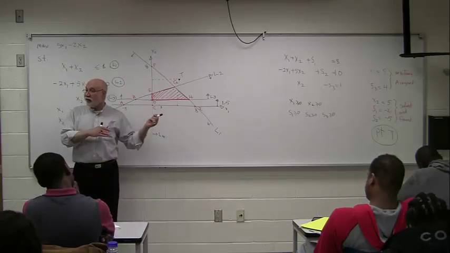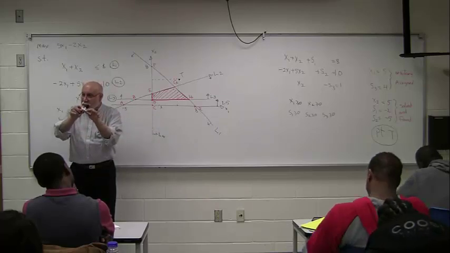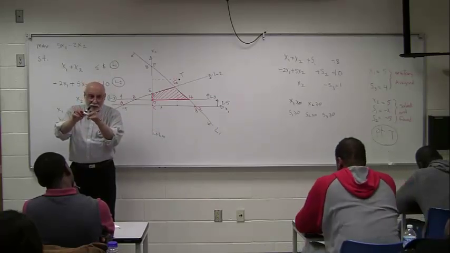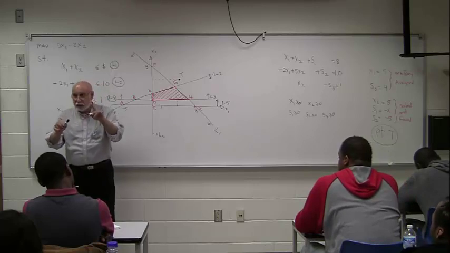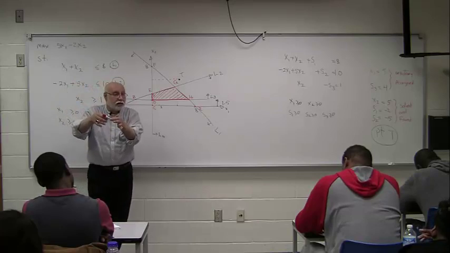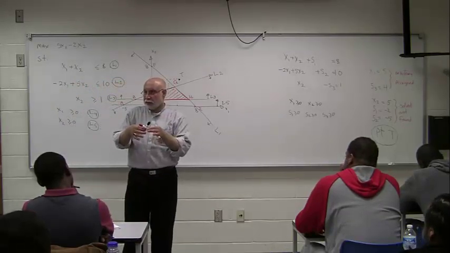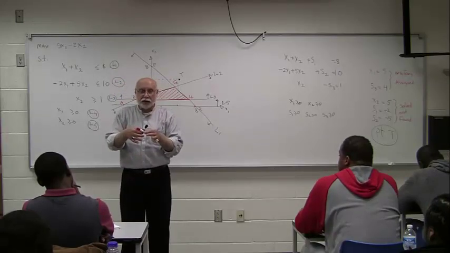I will look at the values of the slack, and I say, oh, I'm on this corner point. That means that I'm on the line. I'm on this line. I'm on this line. If I'm on the line, it means its slacks are 0.